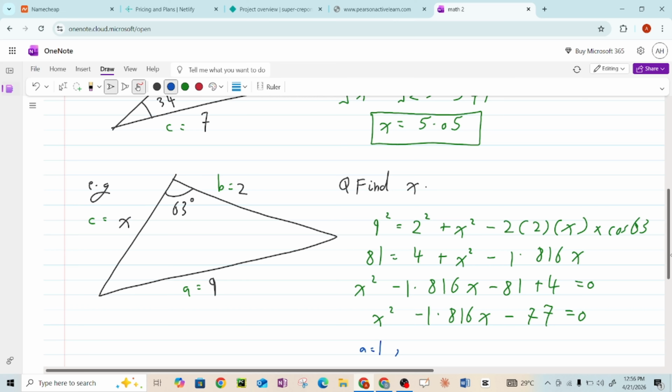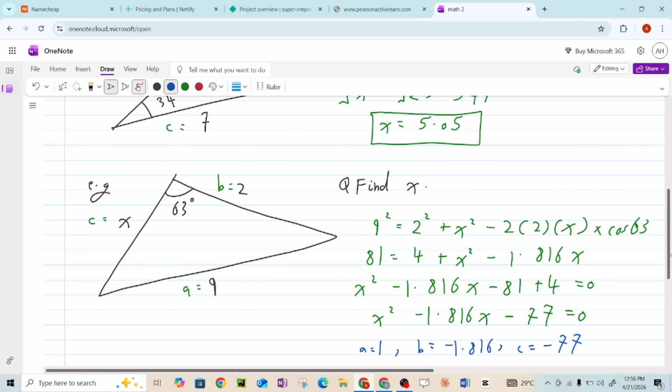And b being the value with x, that's minus 1.816, and c being minus 77. So you put this in the calculator, and now it will give you two answers.